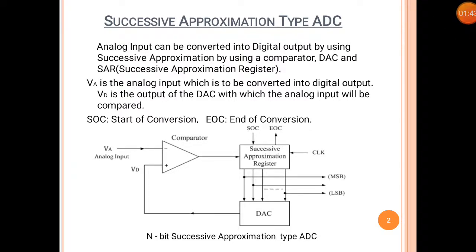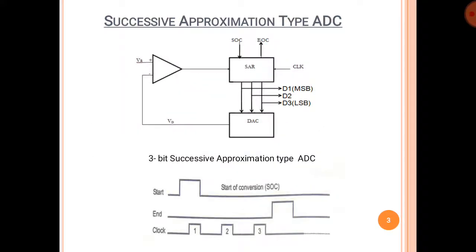Now this circuit was a generalized n-bit successive approximation type ADC. Now let us see one example of this, a successive approximation type ADC of 3 bits. As there are 3 bits between the SAR and DAC block, there are 8 input combinations starting from 000 to 111.